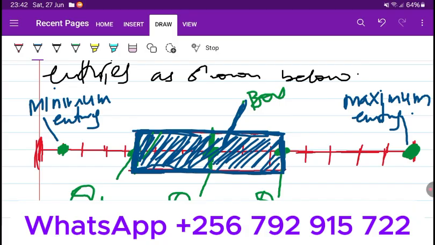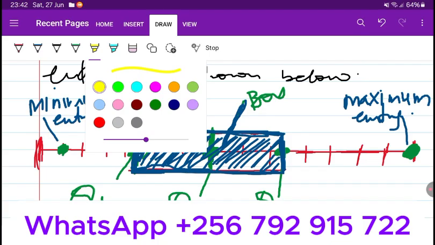Now, once we have drawn the box, the last step is for us to draw what we call the whiskers. The whiskers are the ones that are connecting the minimum entry and the maximum entry to the box. So how do we draw them? It is just a line. Let me use a different color.